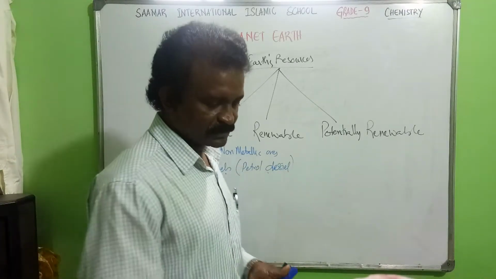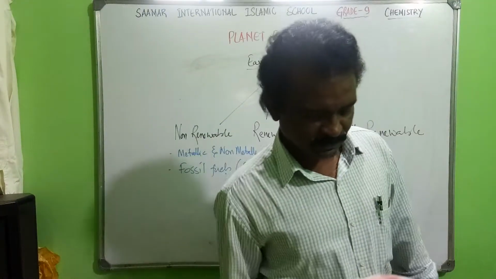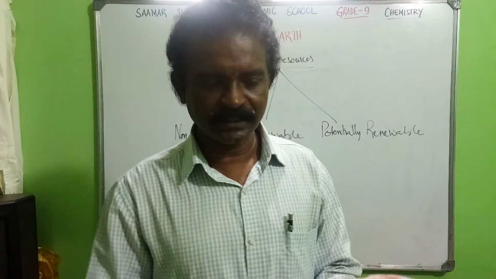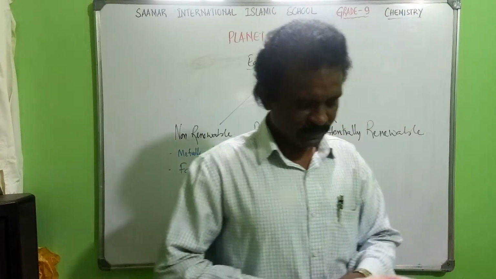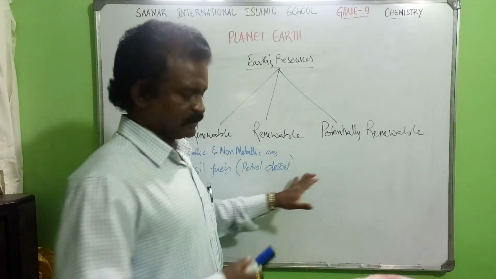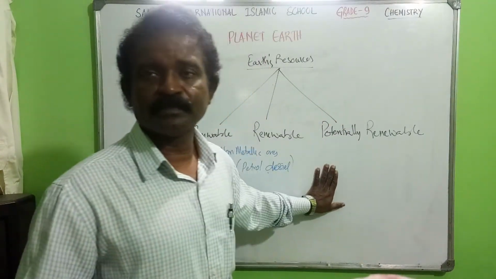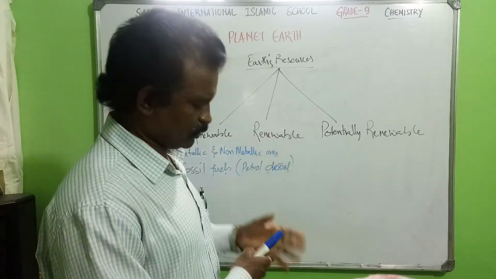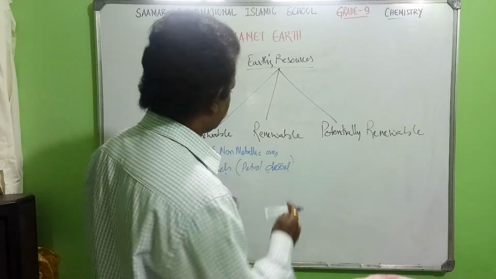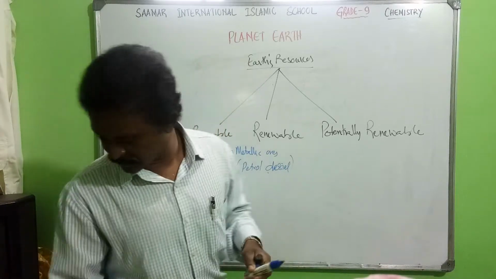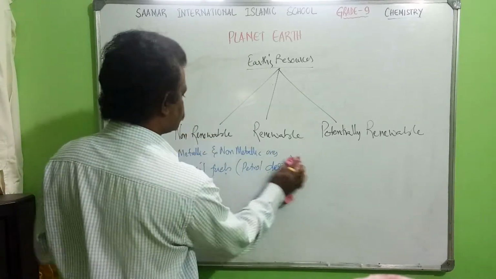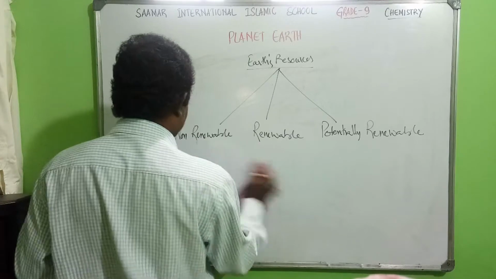Correct. Next one is renewable resources. These are the resources essentially available. Now they are inexhaustible. That means you can use as much as you want. You can use them as much as we need. So these are available in nature.